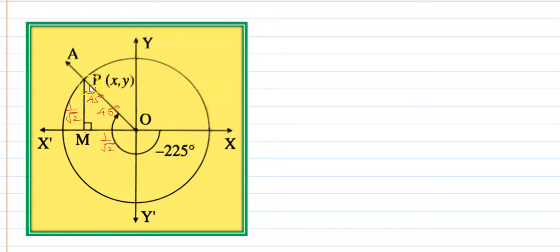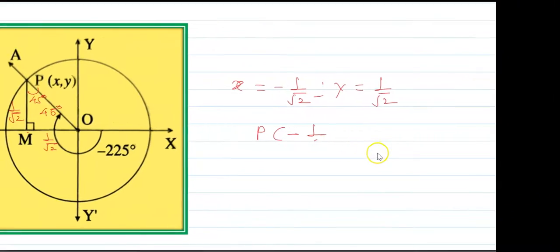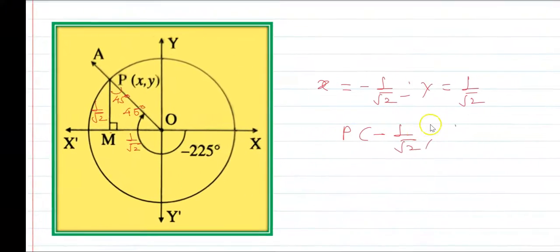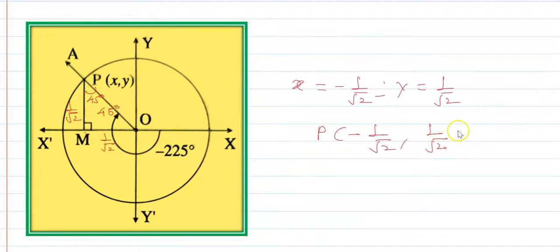The given point lies in the second quadrant. Therefore, x is negative. The value of x is minus 1 upon root 2, and y is equal to 1 upon root 2. And hence these are the coordinates of the point P, minus 1 upon root 2 and 1 upon root 2.